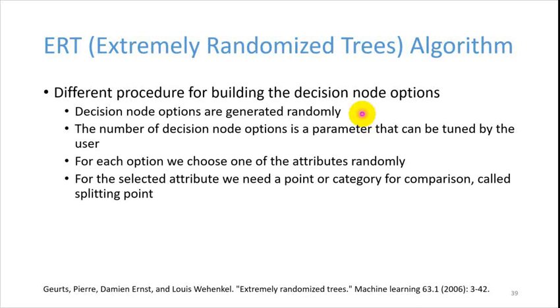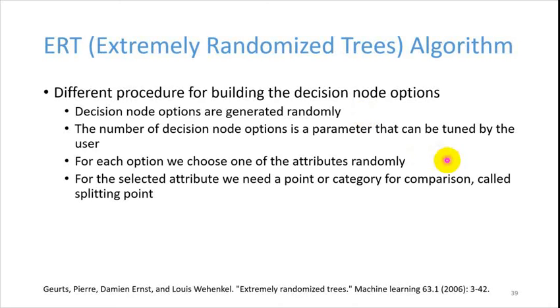The number of those options is a parameter that can be tuned by the user of the algorithm, and this number can be less than the number of the attributes that we have in the data. For instance, if we have 4 attributes, we can have 2 options.